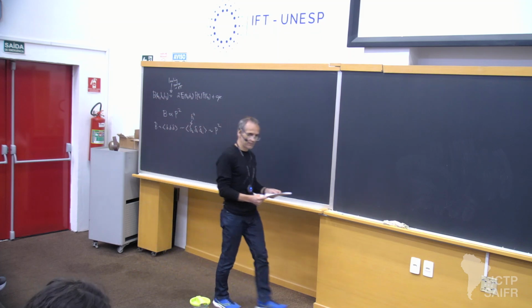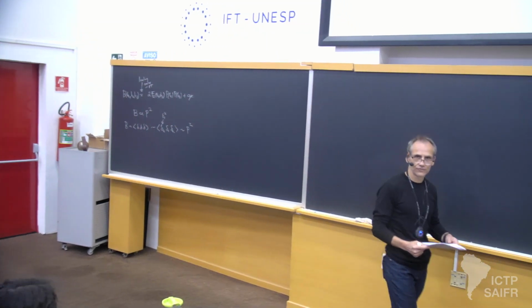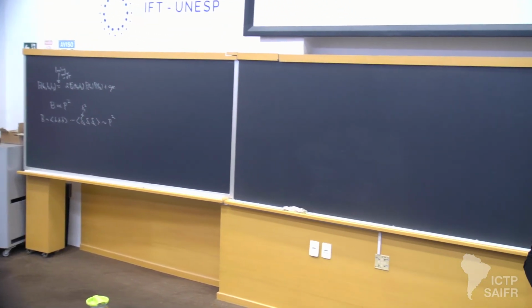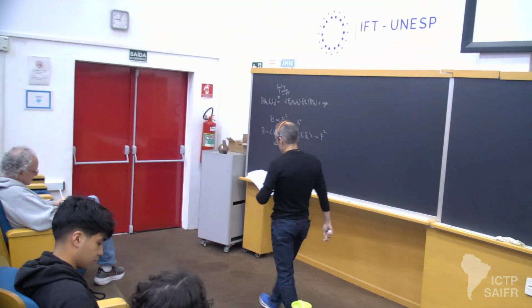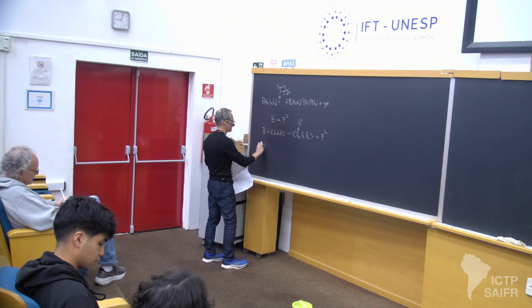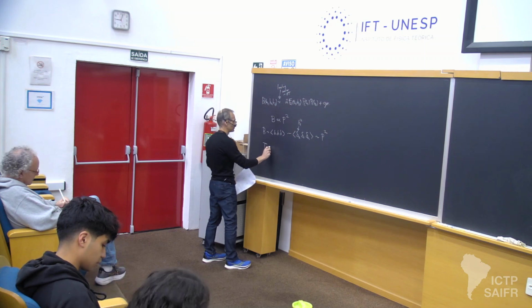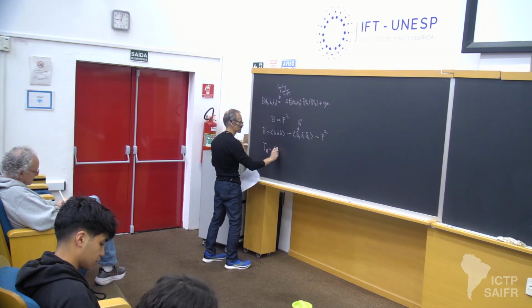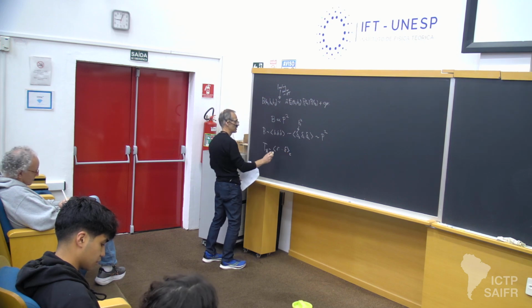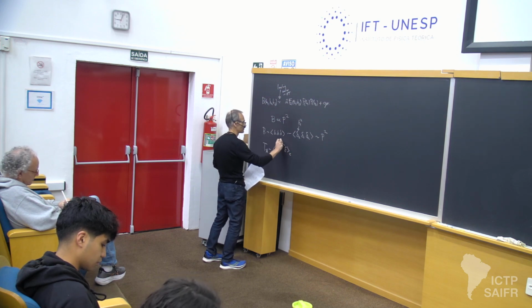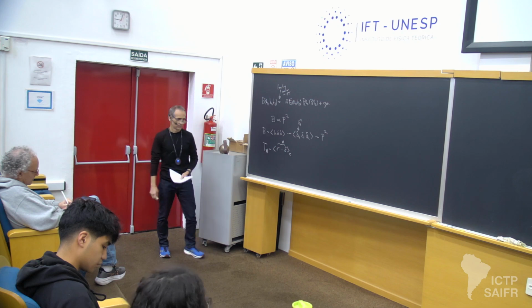So now let's think about higher order n-point functions, connected ones, and see what scaling we get. Let's consider T sub n to be the connected n-point function, so there are n of these fields.